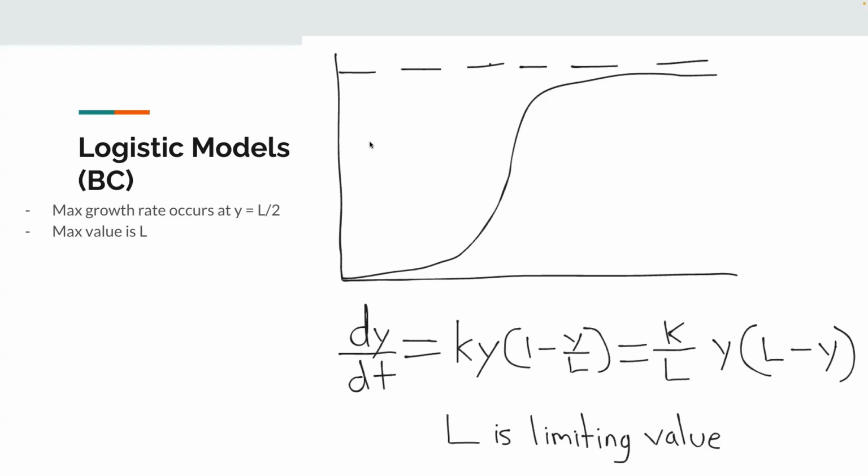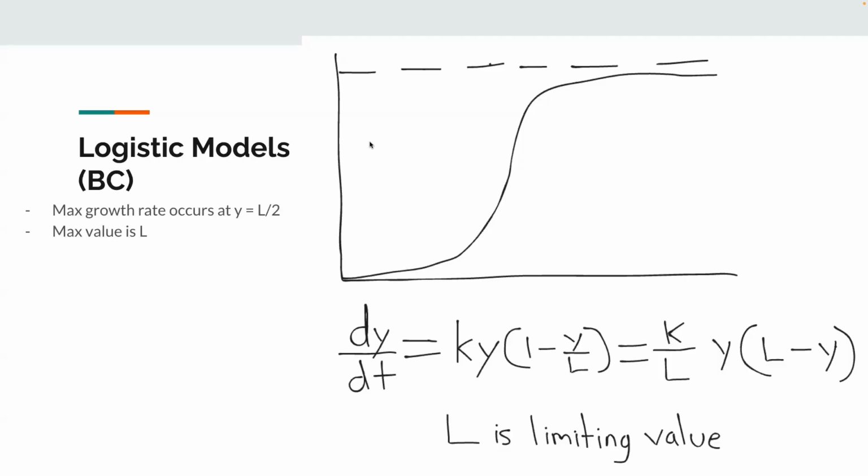And essentially, we can represent this derivative of a logistic model in two ways. One, dy dt is equal to k y times 1 minus y over L. K is a constant, L is the limiting value, or it can be represented as k over L, y times L minus y. So if you recognize this in the question, know it'll be a logistic model.